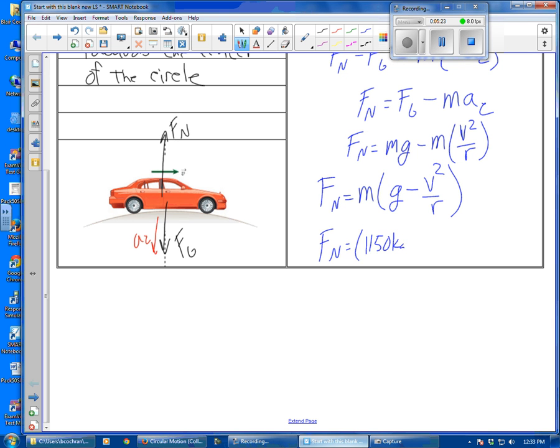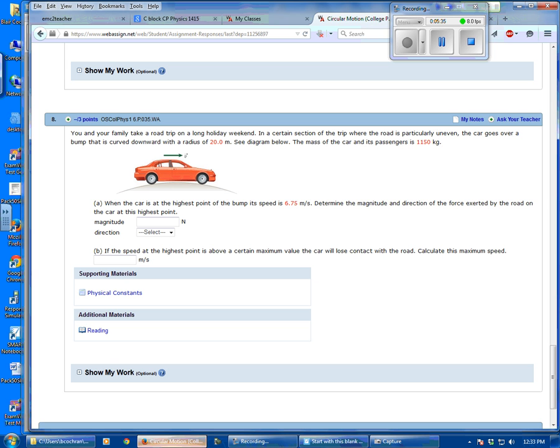So, 1,150 kilograms times g, which I remember off the top of my head, 9.80 newtons per kilogram, minus v, the speed of my car, which is 6.75 meters per second.